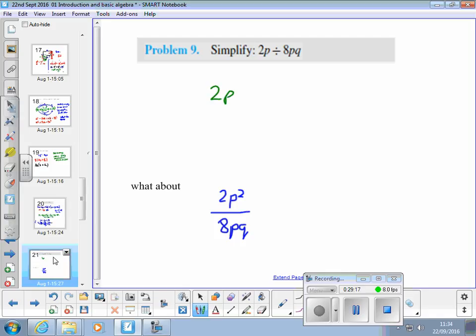2p over 8pq. Yeah. Something else we must remember is this line here, we don't write it mathematically, but that line there implies that there are brackets, so that it is all of that divided by all of that.